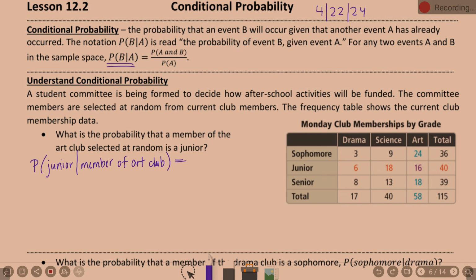On top, we're doing the probability of A and B. So that's going to be the probability that the student is a junior and in art. And again, I think I'm going to go the long way first, and then we'll be able to figure out the shortcut. So probably the member is a junior and in art, divided by what's it supposed to be? The probability of A, which is the probability that they are a member of art club.